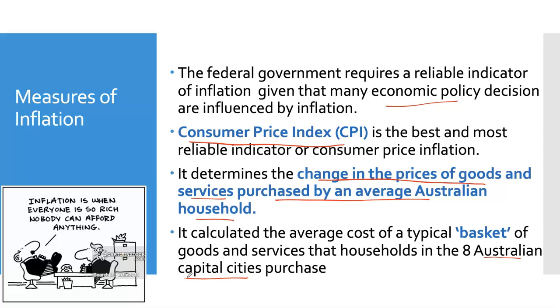They're going to be buying food and petrol, maybe spending money on rent, maybe going out a little bit, spending money on insurance and health, childcare, lots of things. They're going to think about what a typical basket is. And then they're going to look at the change in the price of that typical basket.